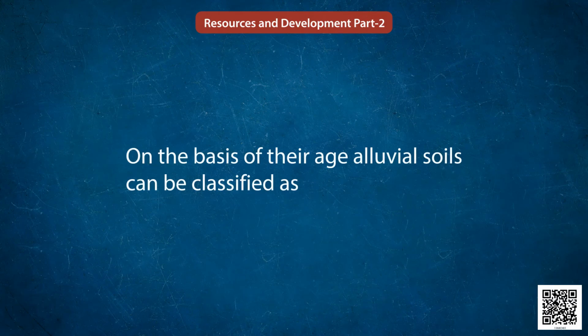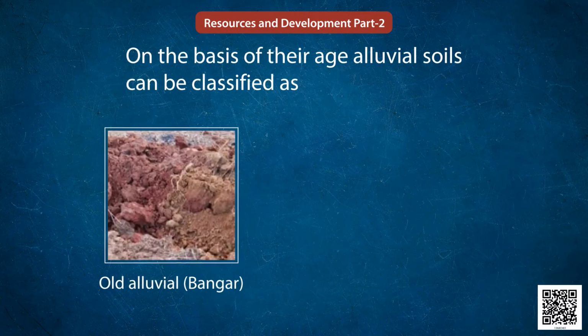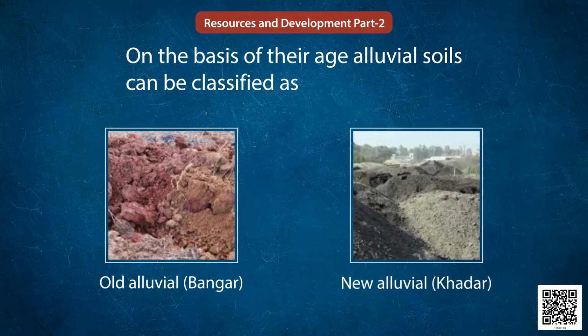On the basis of their age, alluvial soils can be classified as old alluvial, which is called Bangar, and new alluvial, which is called Khadar. The Bangar soil has higher concentration of kankar nodules than the Khadar. Khadar has more fine particles and is more fertile than the Bangar soil.